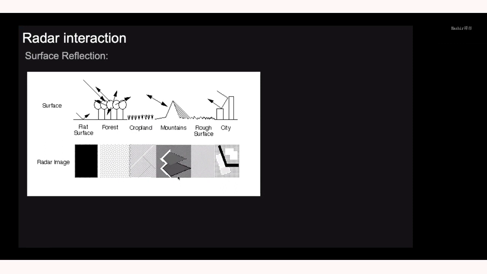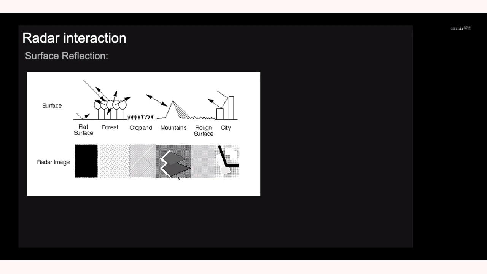A forest canopy is an example of a rough or diffuse surface and will also appear gray with varying texture. Rougher surfaces scatter more energy in all directions, including back to the sensor. So some of the energy goes away from the sensor, and some goes back to the sensor. Therefore, rough surfaces appear mostly bright.